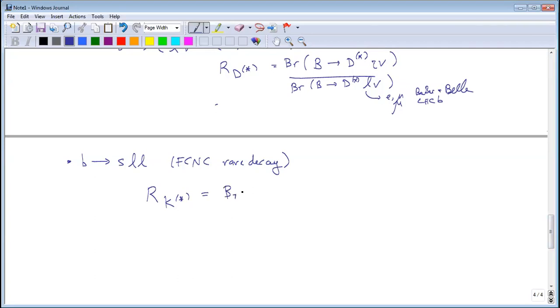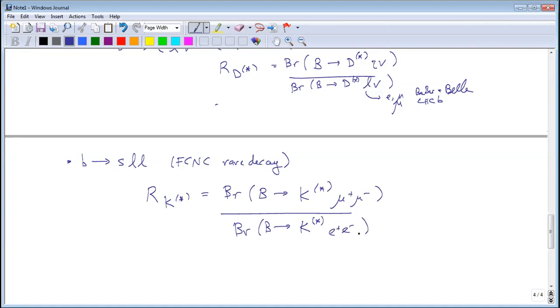And this one is the branching ratio for B to K or K star, mu plus mu minus, over the branching ratio of B goes to K or K star, e plus e minus. Okay. And this one basically is lower than the standard model prediction.